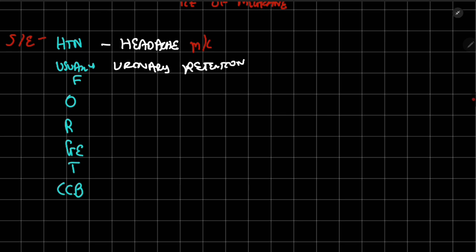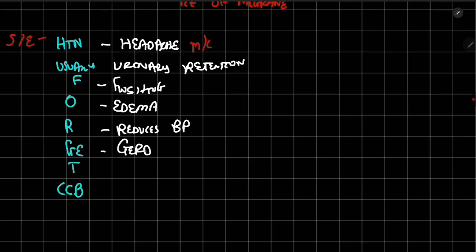Okay, then we have F for flushing, as I mentioned earlier. Then we have O, edema. R, it reduces BP. Okay. Then GE is for GERD, gastroesophageal reflux disease.